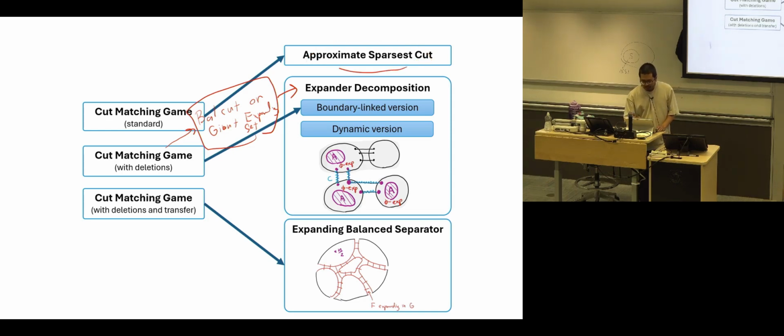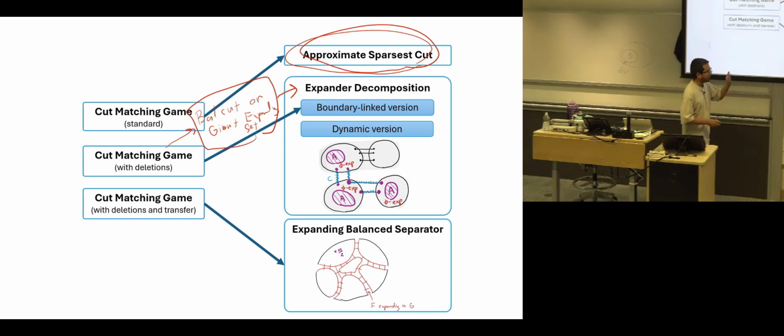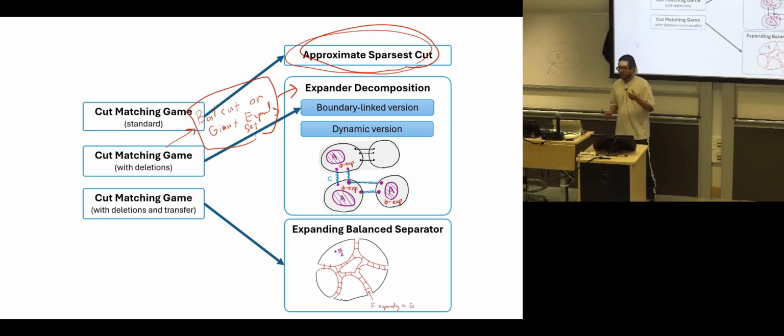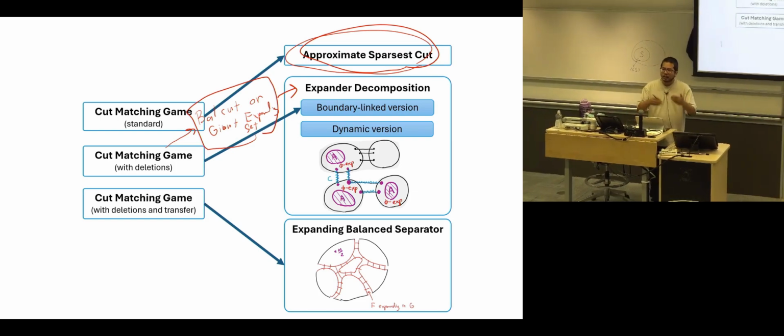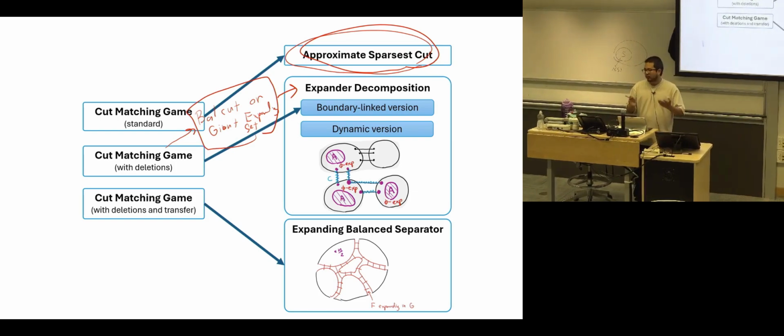So if you have this algorithm, you can use it to build these things, but it will not be fast. If you use an algorithm to find an approximate sparsest cut as a black box, you might need to call it many times because the cut might not be balanced.